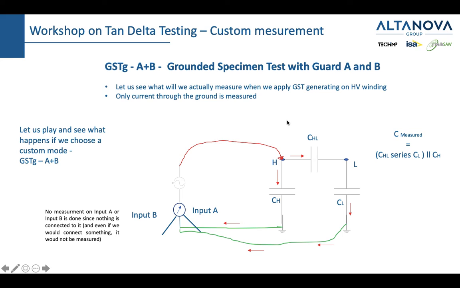So this example is not actually practical, but it gives us a theoretical example. What would we measure if we would choose a GST GA plus B mode while the high voltage generation is placed on the high voltage winding?